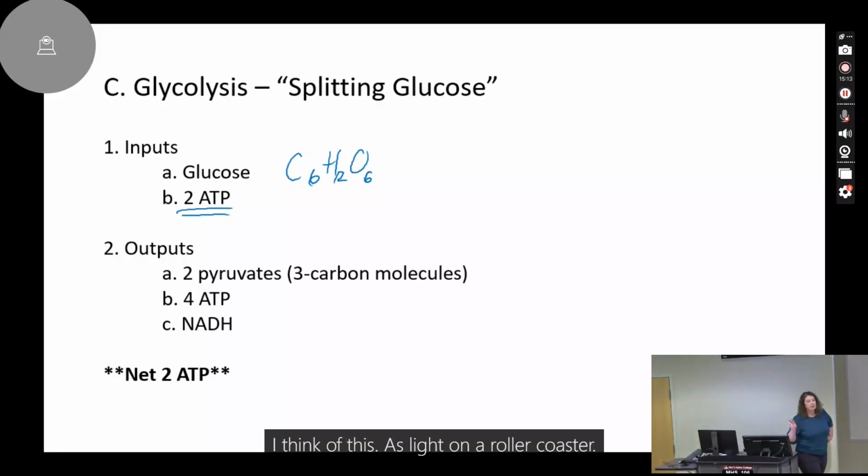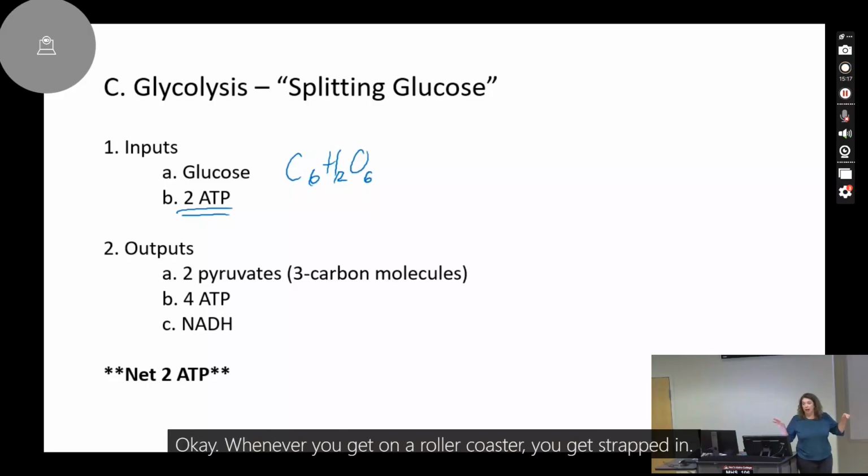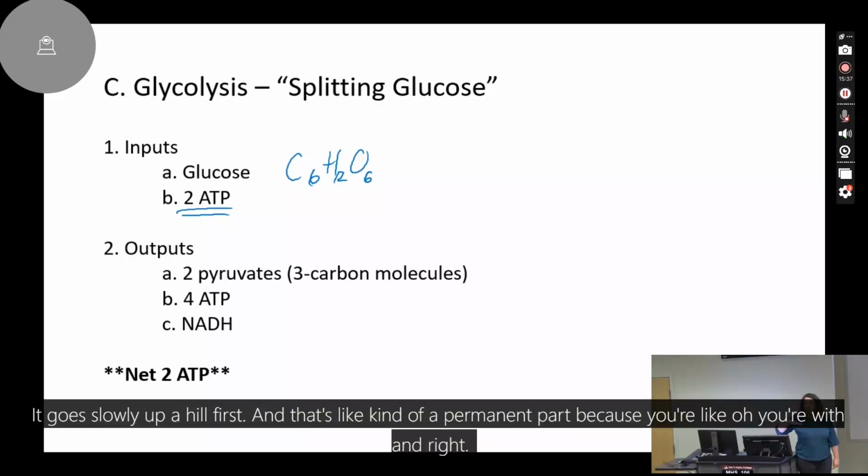I think of this like a roller coaster, okay? Whenever you get on a roller coaster, you get strapped in. What's the first thing your roller coaster does? It goes slowly up a hill. If it's a true roller coaster, it goes slowly up a hill first. And that's the dramatic part, because you're questioning your life choices, right?